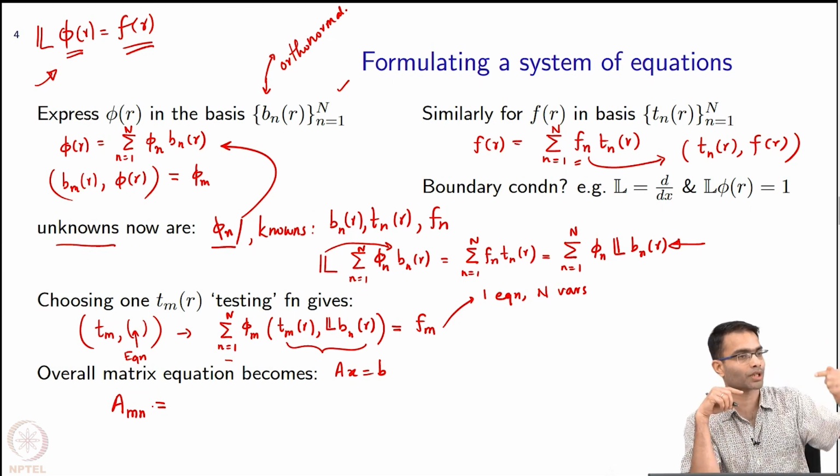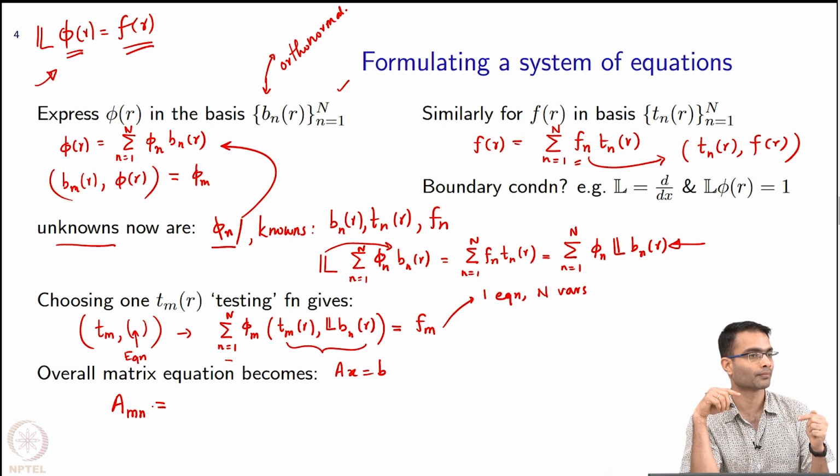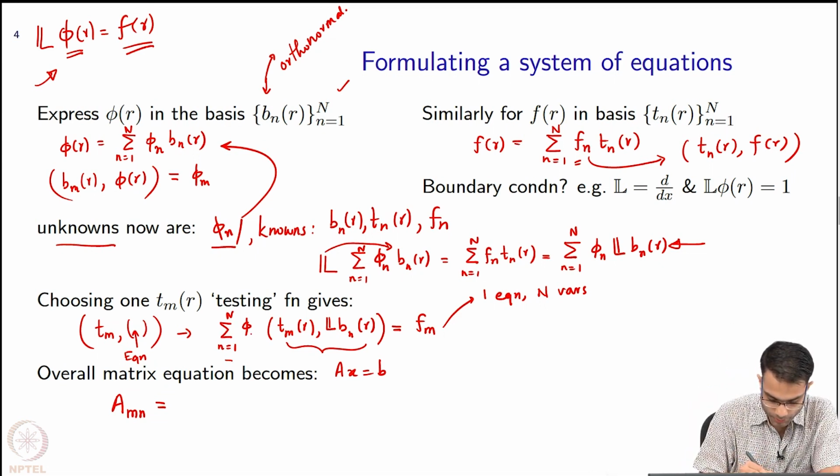So, what are the rows coming by? The different rows are being generated by choosing different what? Choosing a different testing function gives you a new equation, right. So, every new equation is a new row or column? Row, obviously. One question, phi of m, that is right, good, this should be phi of n.